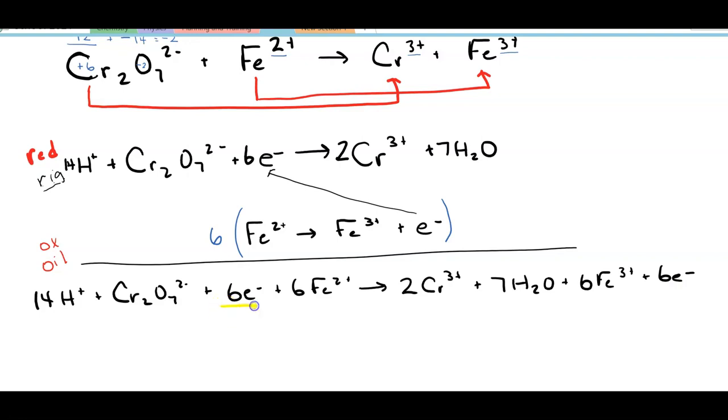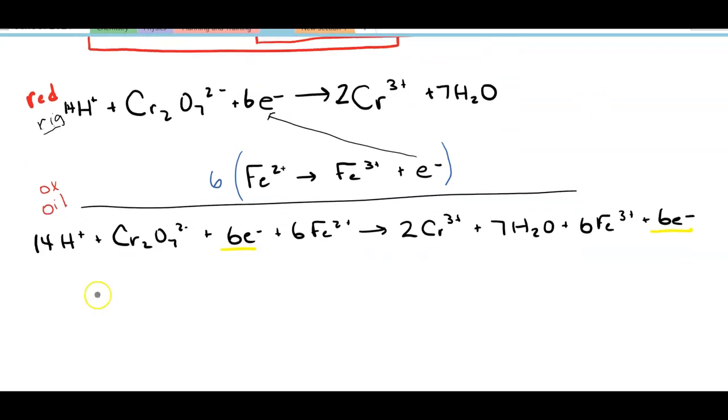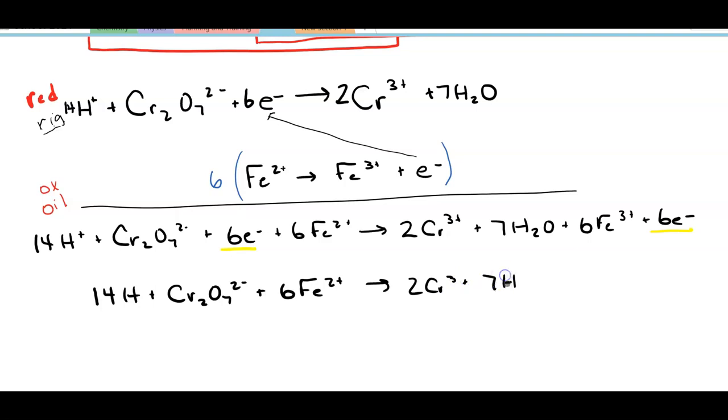Looking on both sides, the redundancy is the 6 electrons. So when I write my total balanced equation, I would have 14 hydrogens, 1 dichromate ion. I won't include the electrons anymore. 6 iron 2s become 2 chromium 3s, 7 waters, and 6 iron 3s.